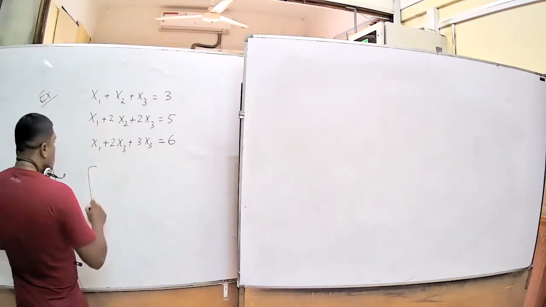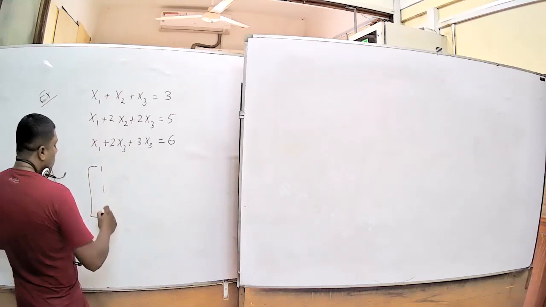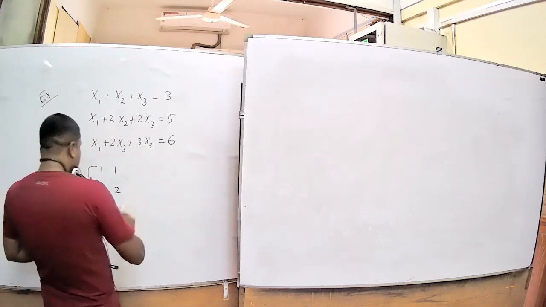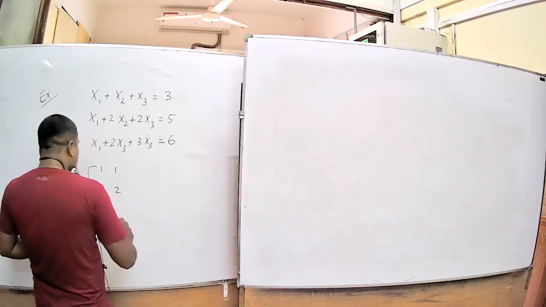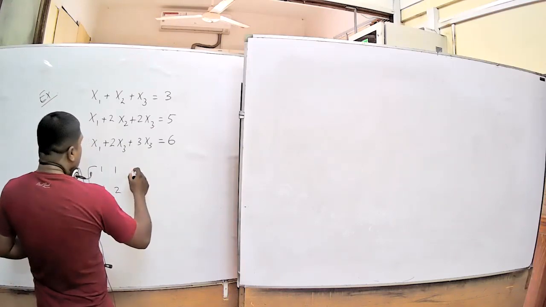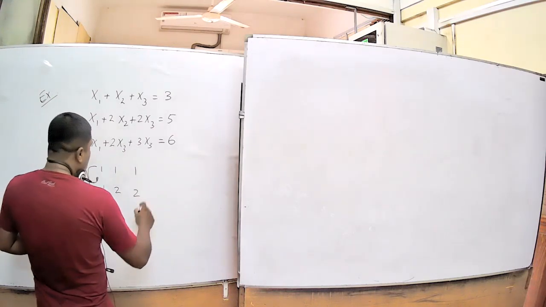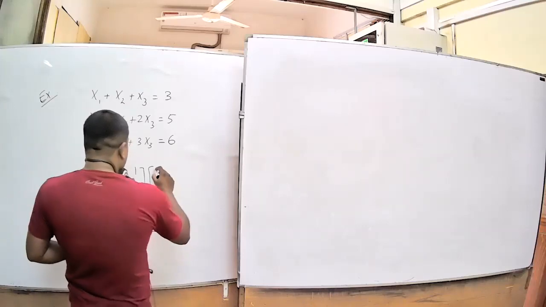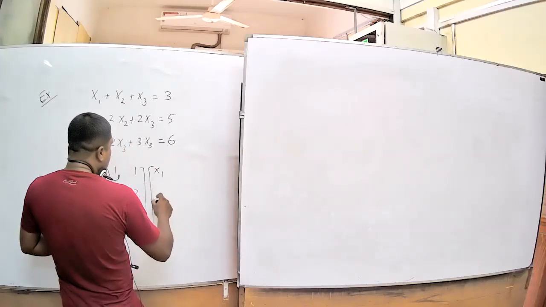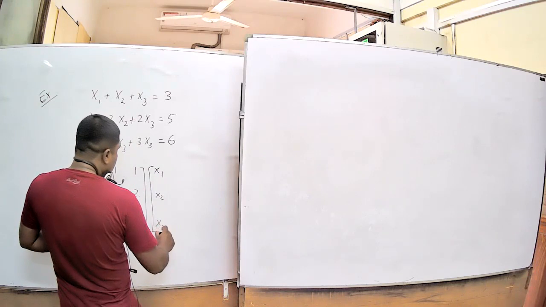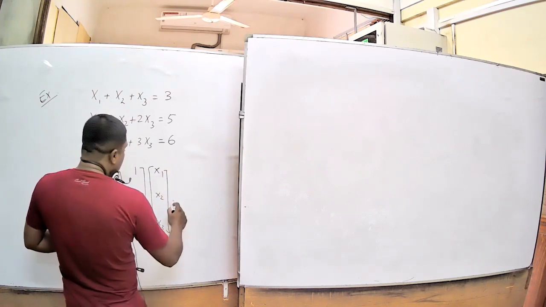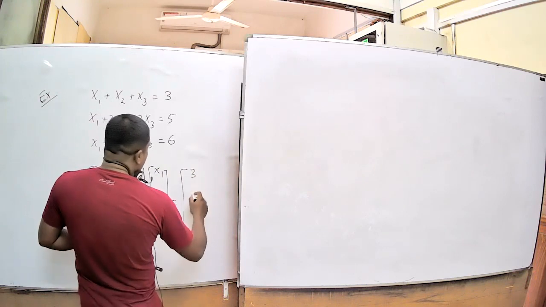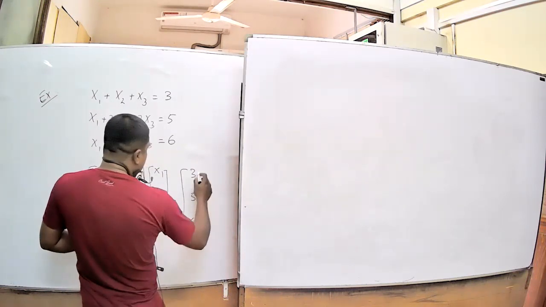So this is the matrix [1 1 1; 1 2 2; 1 2 3], times [x1 x2 x3], is equal to [3 5 6].